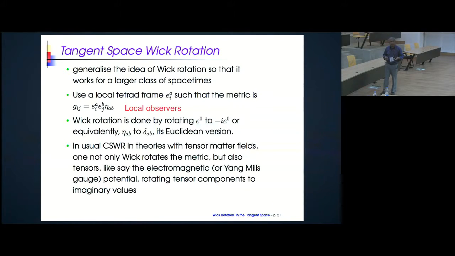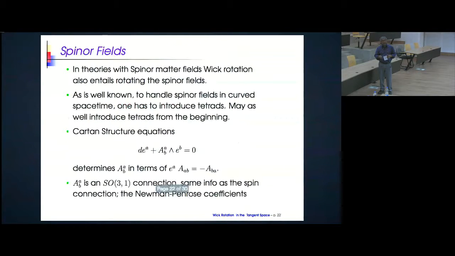So you would have to complexify all the fields, rotating the tensor components to imaginary values. Now, in theories with spinor fields, a similar thing is true. Wick rotation also means that you have to Wick rotate the spinor fields. Now, to handle spinor fields in curved spacetime, one does have to introduce tetrads. So one might as well introduce tetrads from the beginning and do everything in terms of tetrads, Wick rotation also.